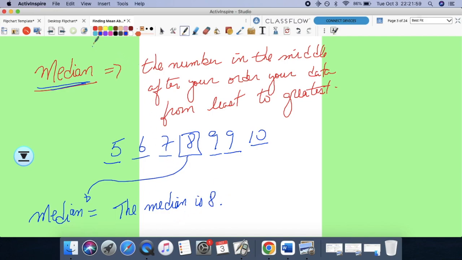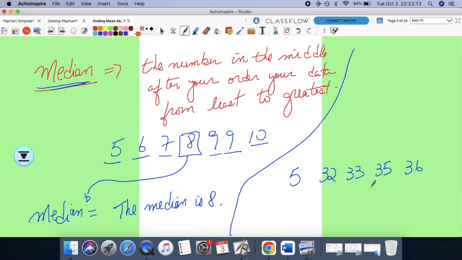Okay. So when is the median good? When should you use the median? Well, when you have numbers like this, let's say 5, and then you have 32, 33, 35, 36, 37. So imagine a data set with these numbers. The median is good because you're looking for the number in the middle.